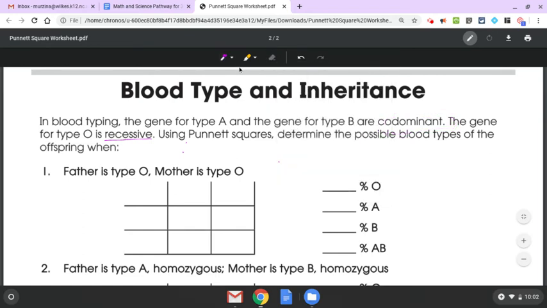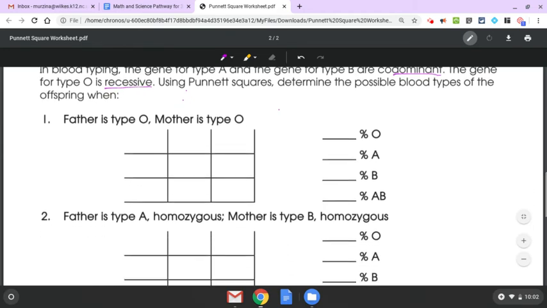In this case, co means together, and it means that the gene for type A and for type B blood are codominant. That means you're going to have two capital letters. That's not terribly important right now, and we'll talk about that in just a second.